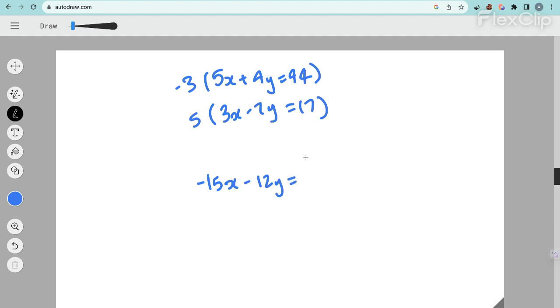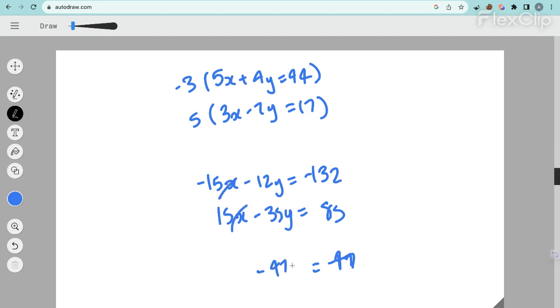And then we're going to do 44 times 3, which is 132. We got 15y minus 35y is equal to 5 times 17, and that's equal to 85. So once again, y is equal to 1.